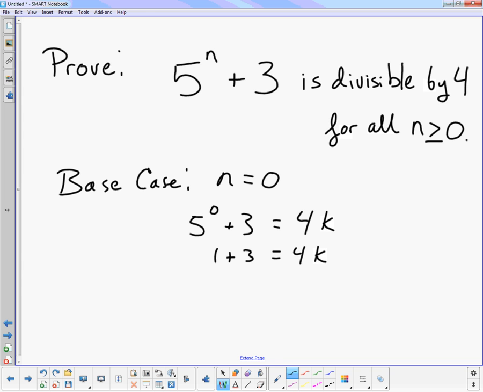Actually, you were trying to prove it for everything including 0. You want to prove it for what it wants, because sometimes the base case fails. And if the base case fails, then we're stopped right away. Well, you basically say false. It's not true at that point. So the base case holds.